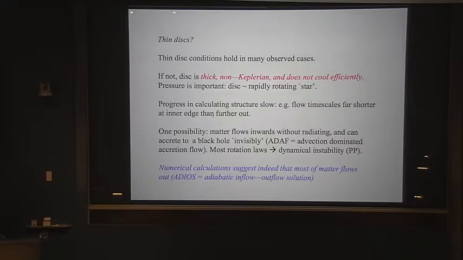Remember that we really need to feed the gas down to a lot smaller scales than we actually have adequate descriptions for, right? So we know that the gas will probably go in, but not all of it might go in, and a fraction of it is going to be pushed out in outflows, so you don't actually feed the black hole as efficiently under certain circumstances. But the key thing is what fraction makes it in and what fraction gets pushed out, right?